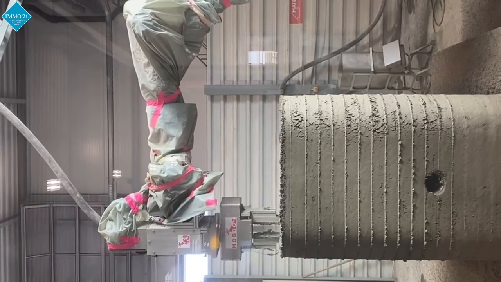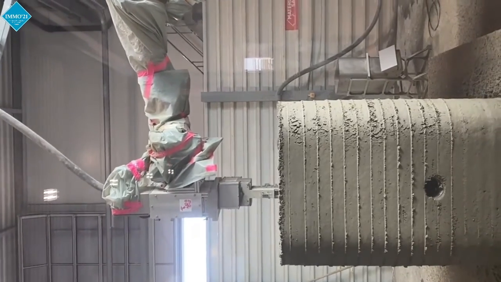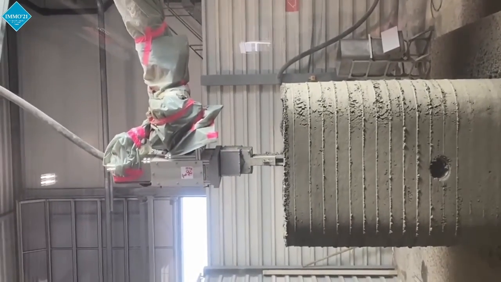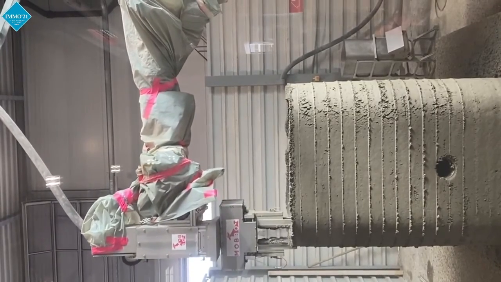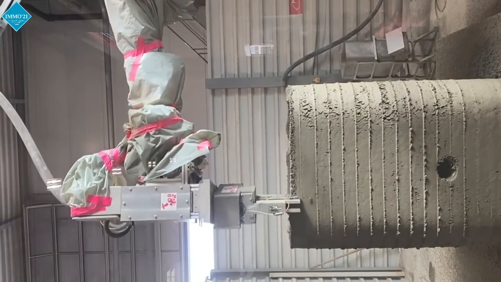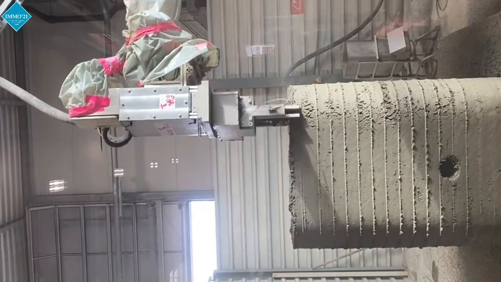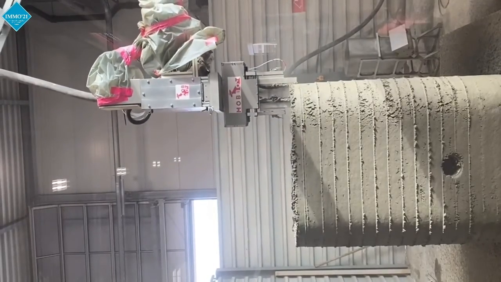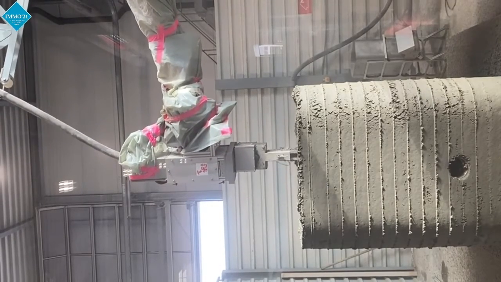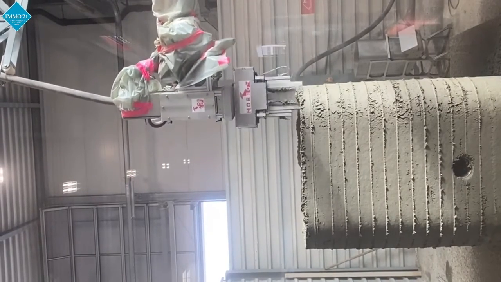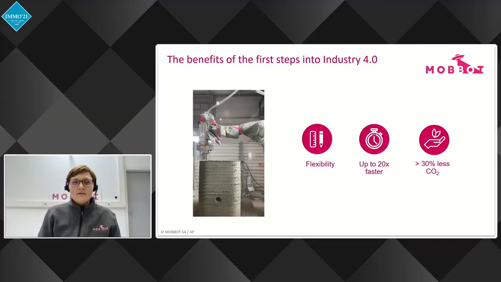We offer a 3D printing robot that sprays the concrete, and you see that it's spraying an element here for utility products within only 1 hour. Can you get back to the slide, please? Yes.